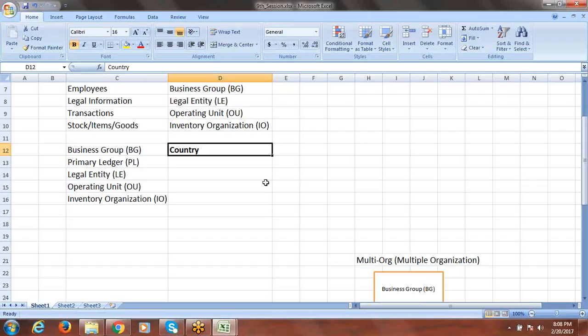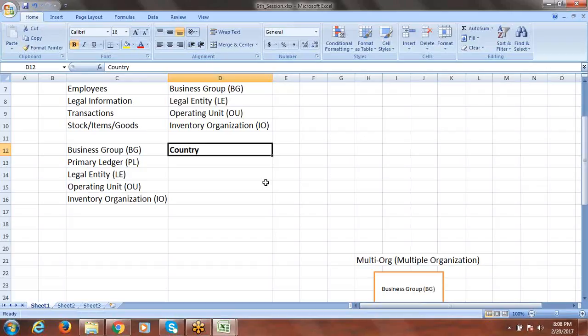In some projects, even if they run the business in multiple companies, they'll have one business group within which they manage the solution country specific, but the general practice everywhere is one business group per country. If somebody asks how you decide how many business groups are required, it's very simple.